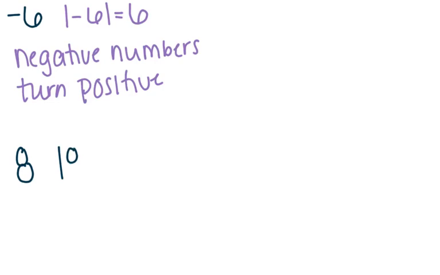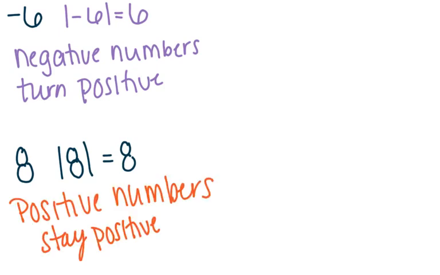It would be written like this, and it would equal 8. A positive number will stay positive. So if we have the number negative 1, what would be the absolute value? The absolute value of negative 1 equals 1.